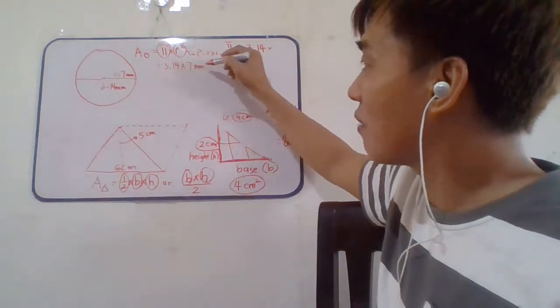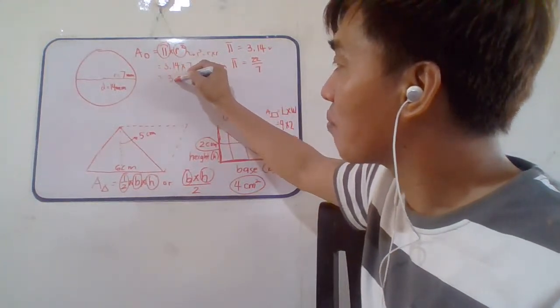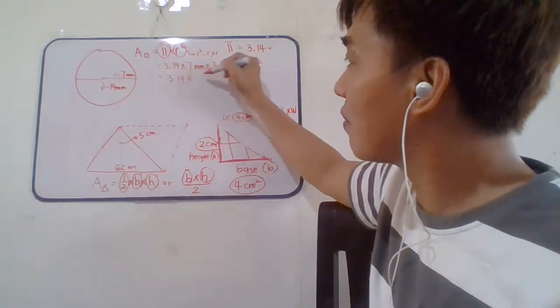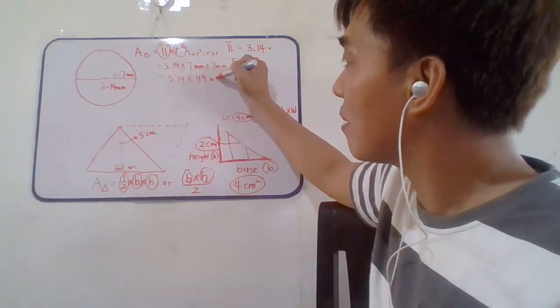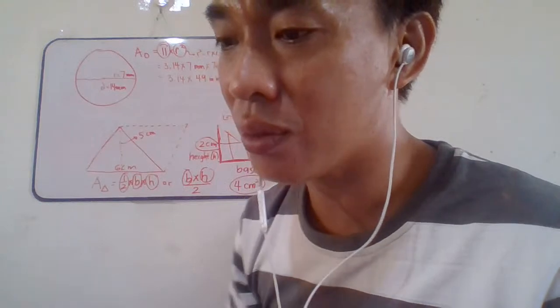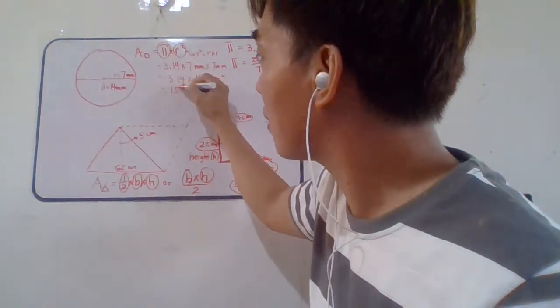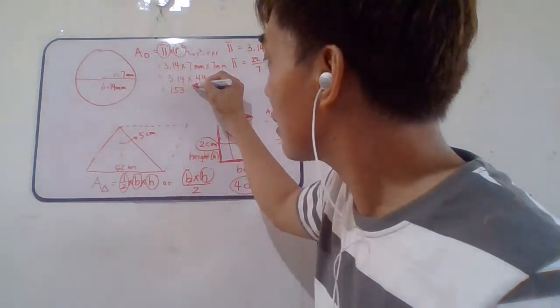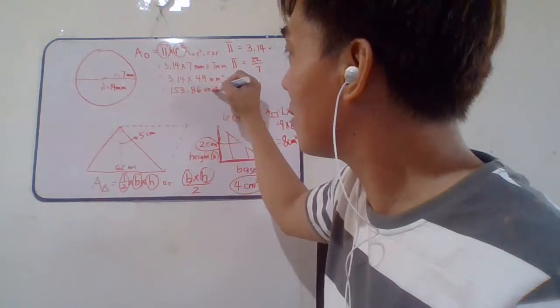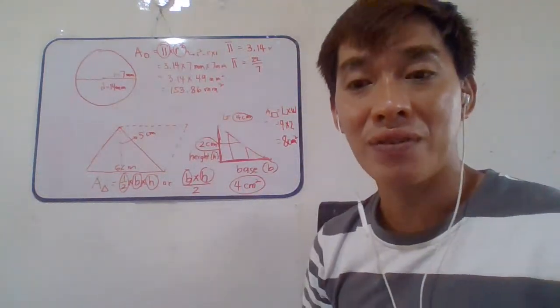So 7 millimeters times 7 millimeters is 49 millimeters squared. 49 millimeters squared times 3.14 is equal to 153.86 millimeters squared. The area of that circle is 153.86 millimeters squared. That's how to solve for the area of the figure.